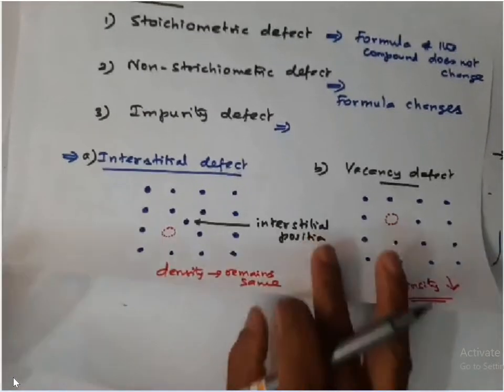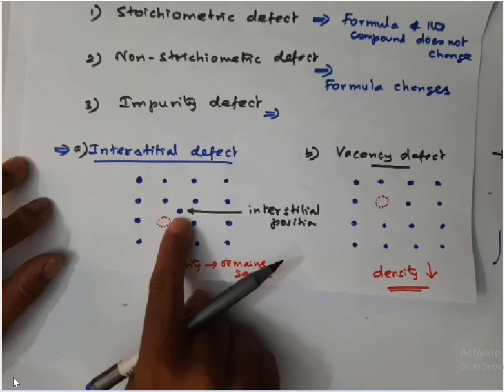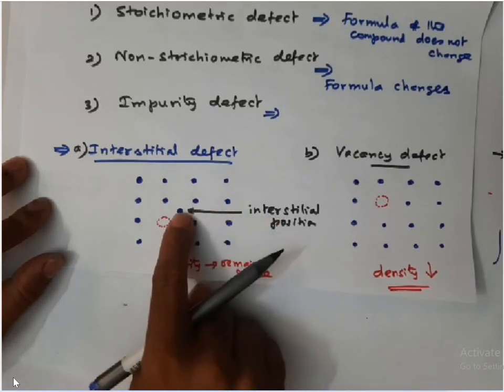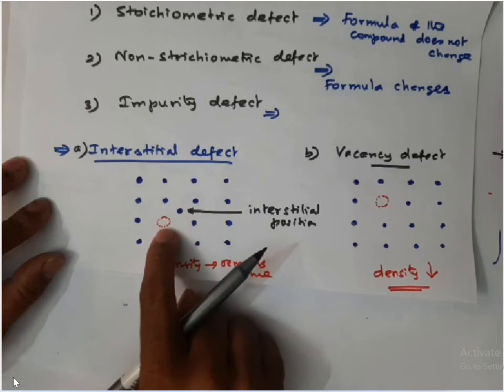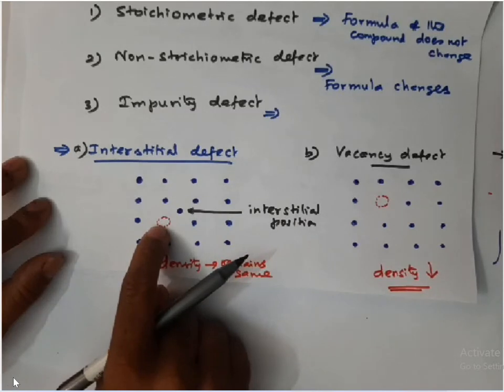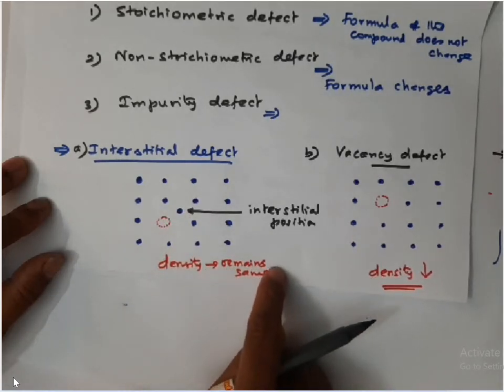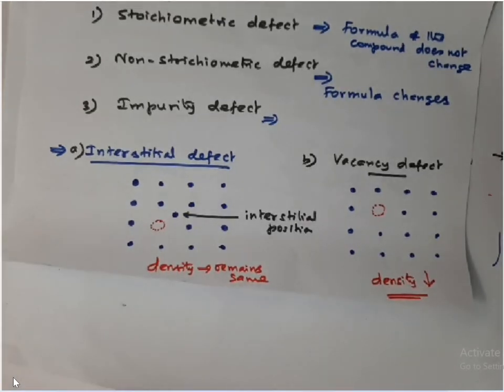But when I gave this presentation, I have given a vacancy here. So due to the presence of vacancy and interstitial defect, the density remains the same. Keep this in mind. If vacancy and interstitial defect both exist together, density remains the same. If only interstitial defect exists, density increases.